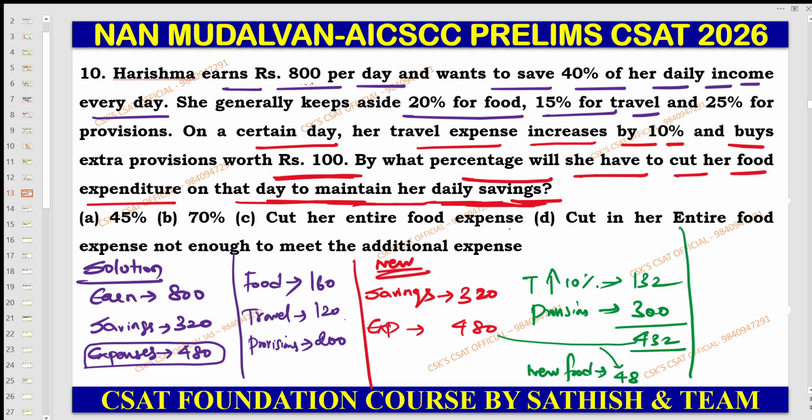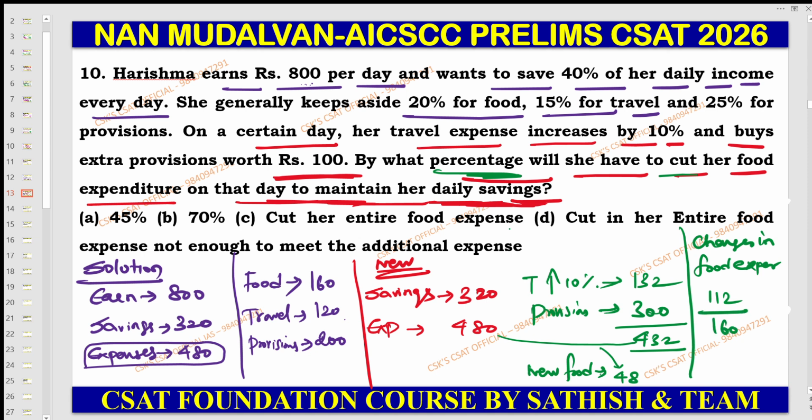Getting a logic? Now what is the change in the food expense? 112. Understood? Because how much she has to cut? 112 rupees she has to cut.